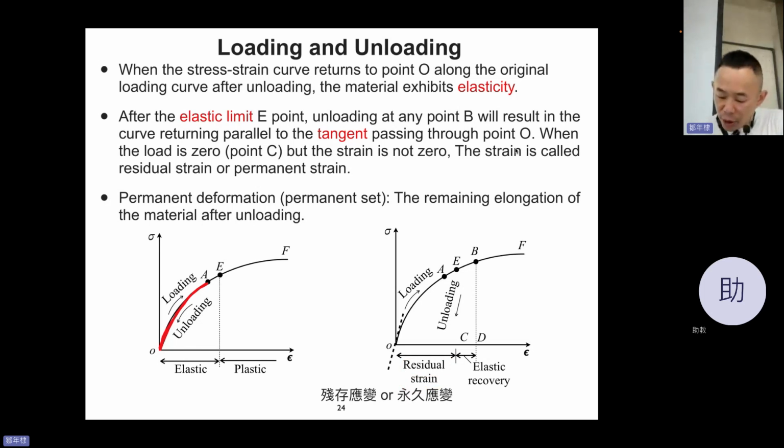For example, if your loading reaches point B, which exceeds the elastic limit E, which path will it follow when you unload? It will follow the initial slope, going back along this line.